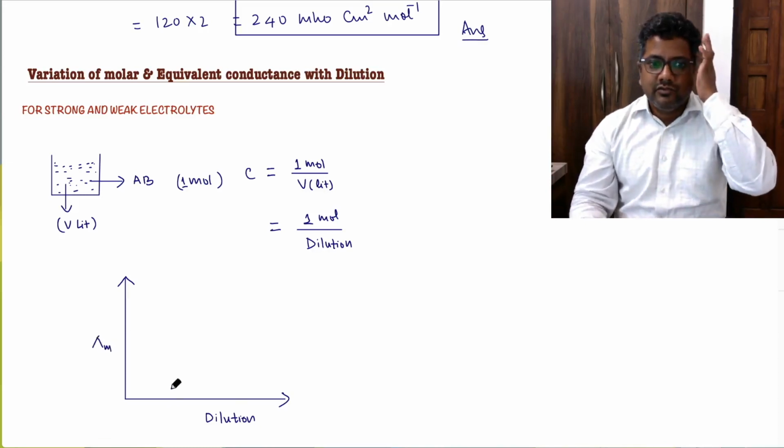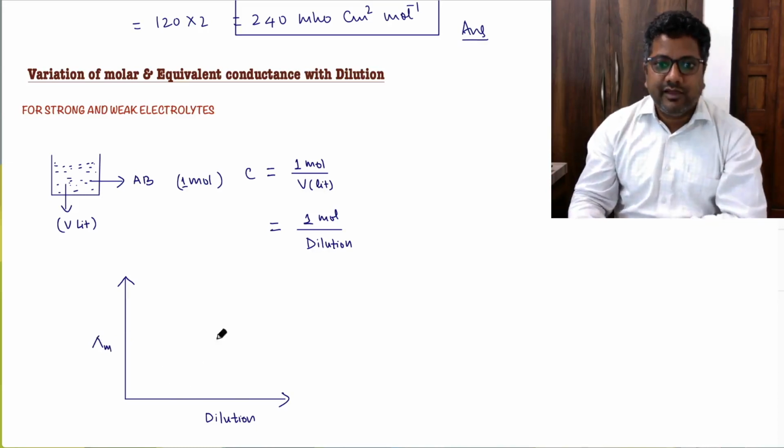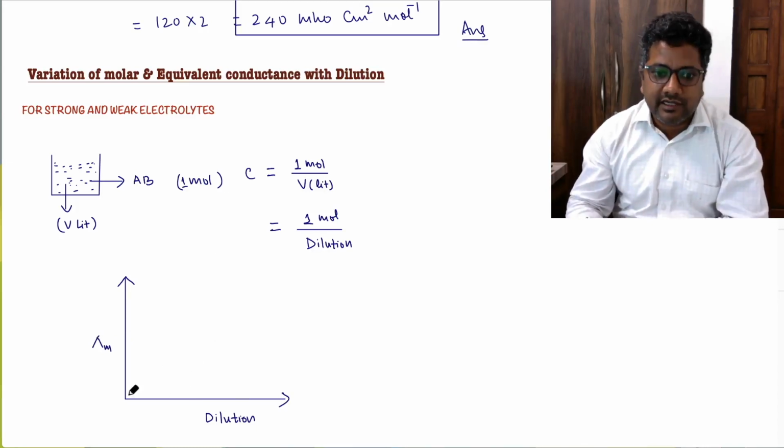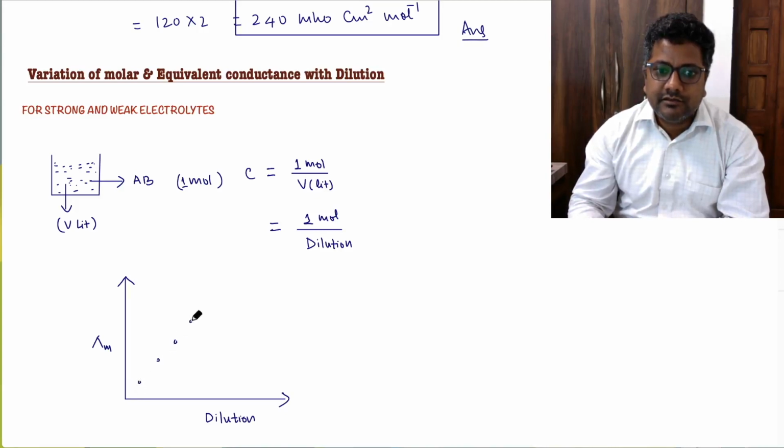What will happen when we increase the dilution? We get a graph like this.